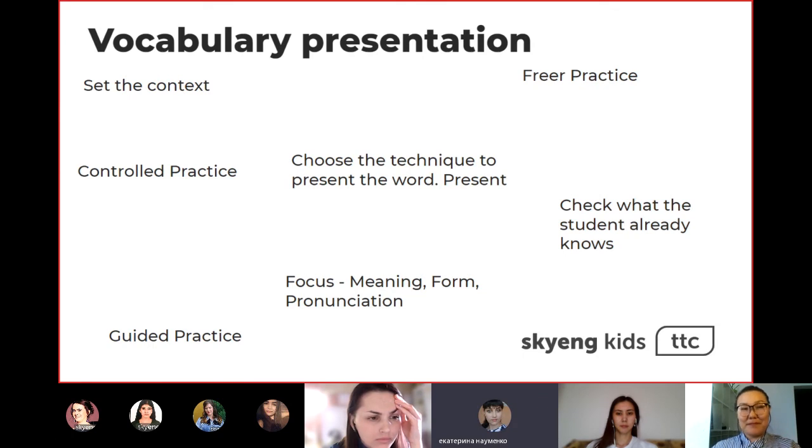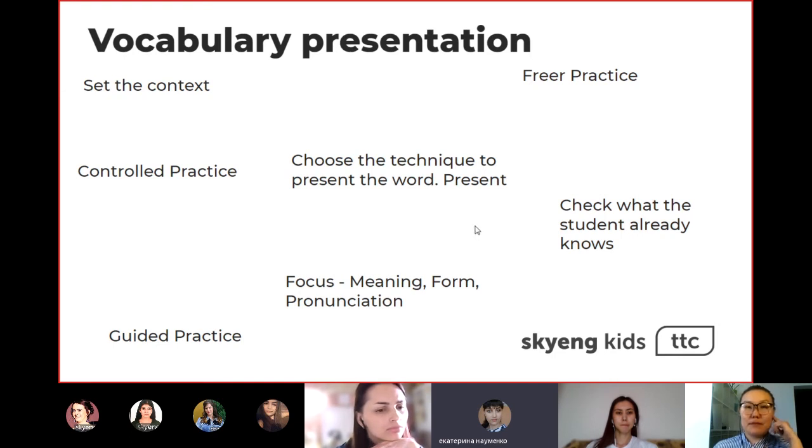So first, as for me, maybe I would like to first of all check what the student already knows, and to set the context. For example, do you like traveling? And what do you know about it? What countries have you already visited? If we speak about primary, maybe we'll speak about a funfair, about rides in this funfair. And that is why I will know what he already knows, then set the context.